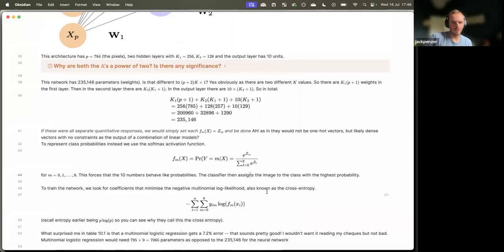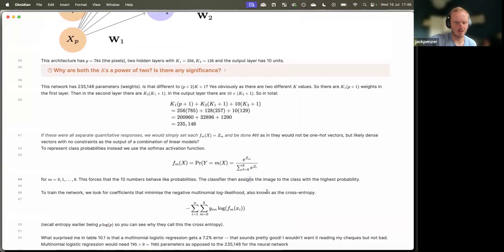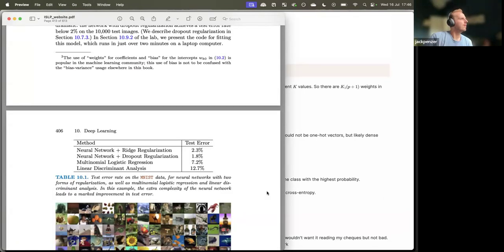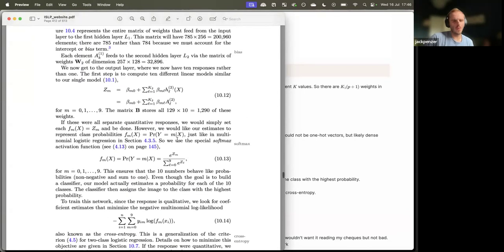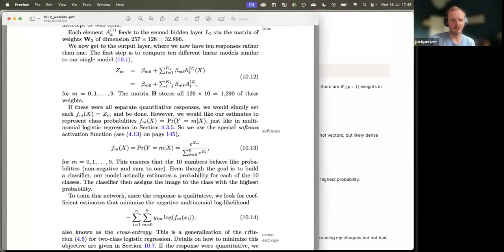One thing you did sort of skirt over, and I didn't get what it really meant, is: if these are all separate quantitative responses, what is it saying? If this was a completely different problem and you were doing a regression problem almost, and you had separate quantitative responses, I didn't really get what they even meant by that.